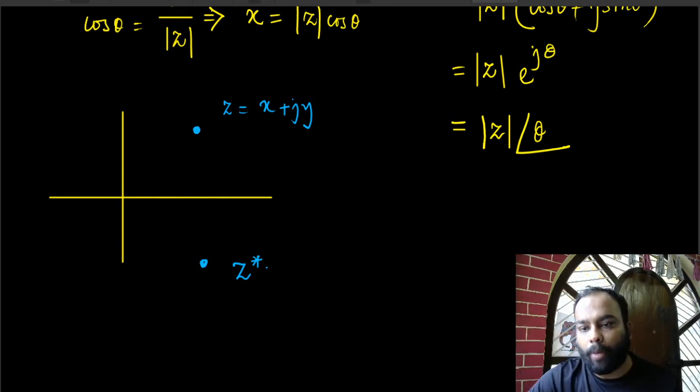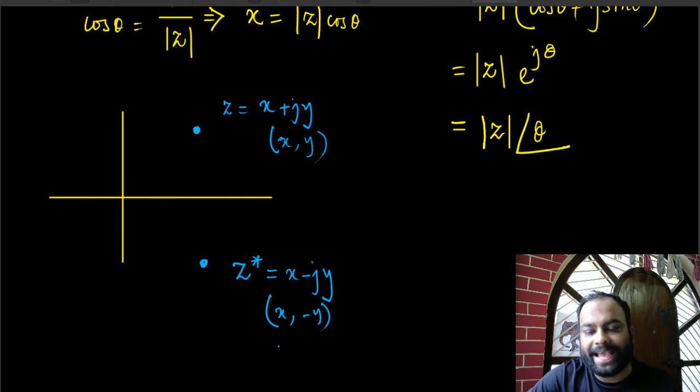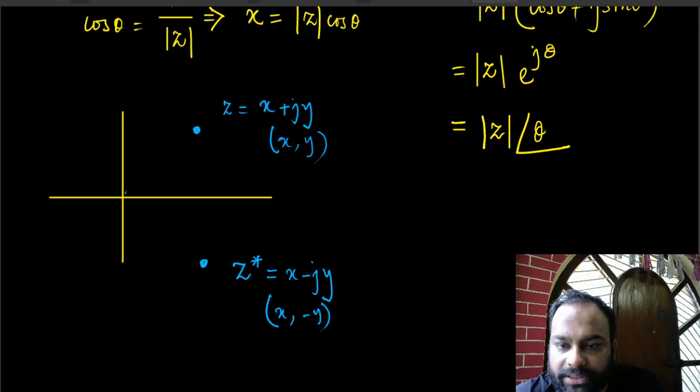A complex conjugate is just this x minus jy. This is the point whose abscissa and ordinate are x comma minus y. If this point is x comma y, this point is x comma minus y, right? Same abscissa, negative ordinate.